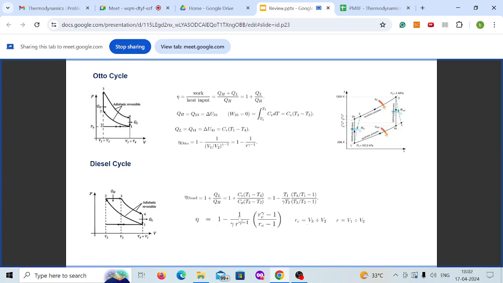This is complicated, so you can straight away find out QH and QL and find out the efficiency. That is an easier way if you know the temperatures. If you know just the values of volumes, you can find the temperatures and proceed that way, or you can straight away apply the efficiency formula.